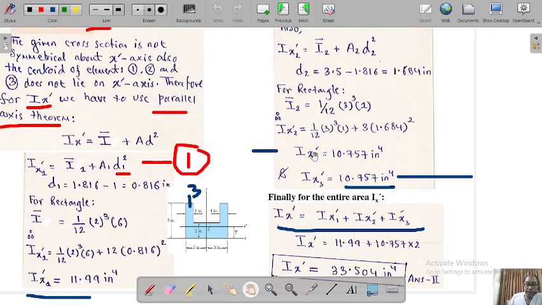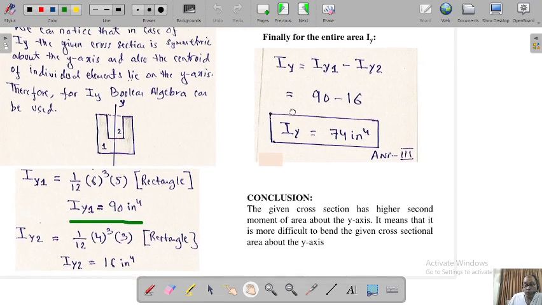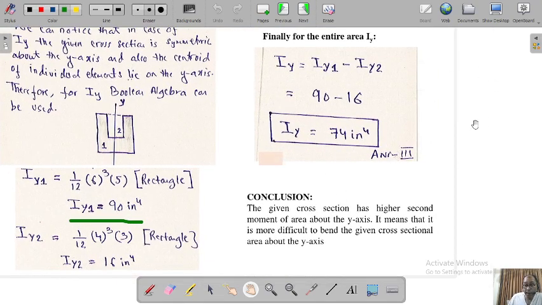When we calculated the second moment of area about the Ix dash axis, it was only 33, which means it can bend easily because the second moment of area is less and bending will be more. The higher the second moment of area, the lesser the bending. So in design considerations, we will be taking Iy because there will be less bending.